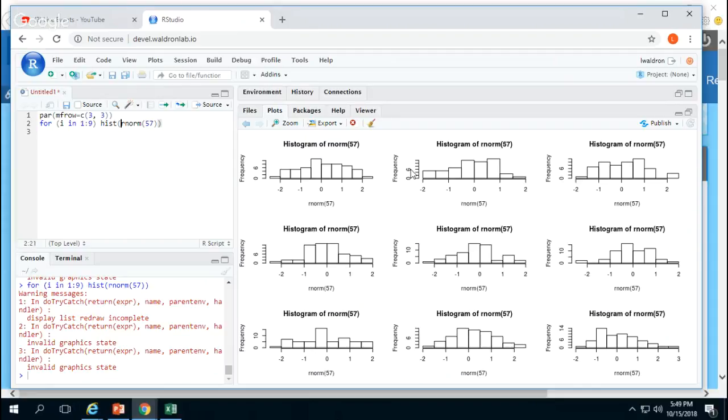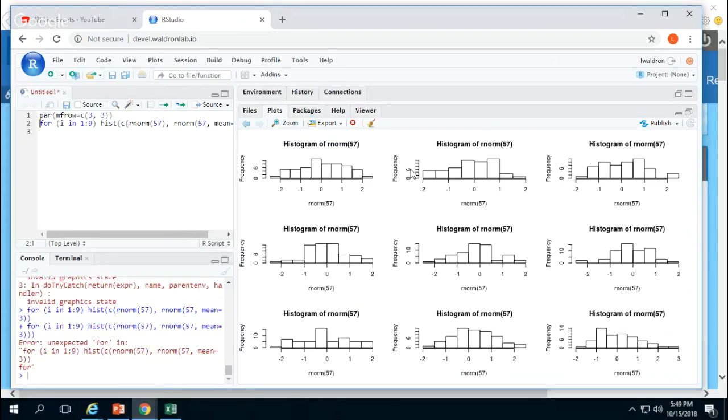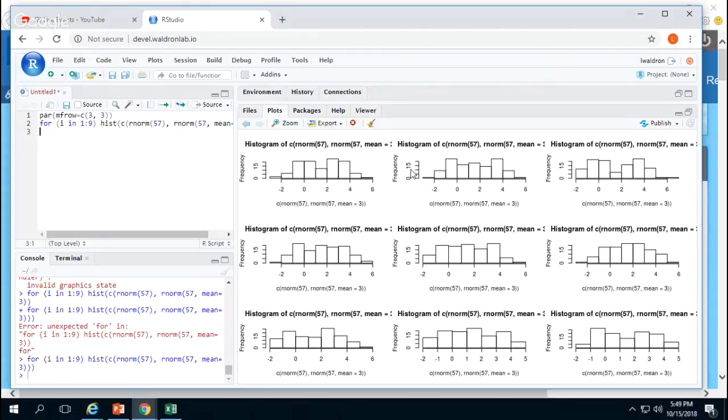So, on the other hand, if I do something like rnorm 57 and rnorm 57 with mean equals 3. Here's some actually bimodal ones, and even those it's a little hard to tell.